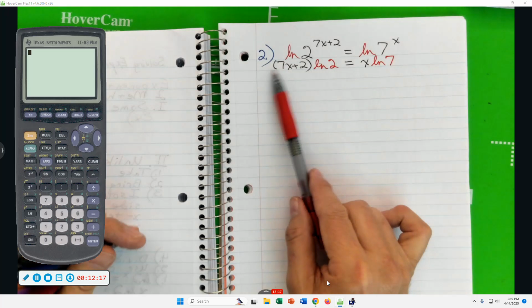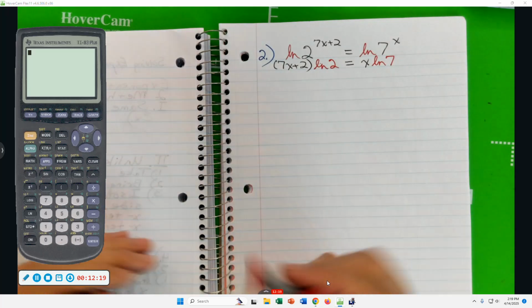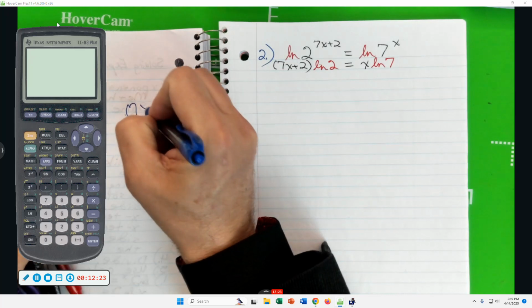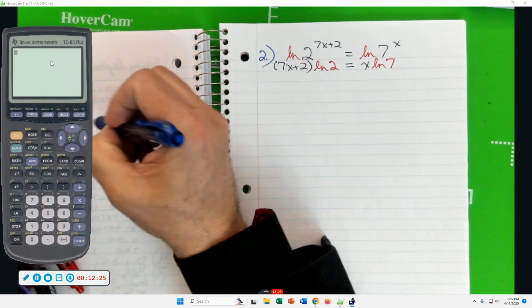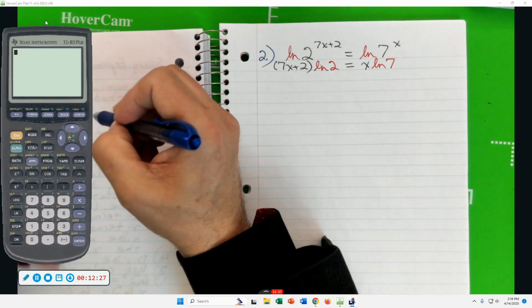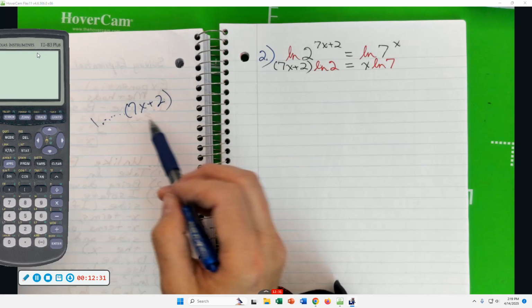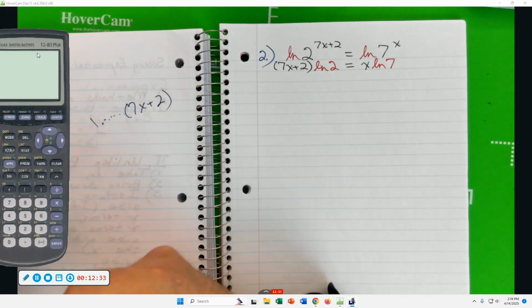You have a binomial times a number. 7x plus 2 times ln2 would be maybe a 1 point blah blah blah, but it's a number times 7x plus 2. What do we do to get rid of the parentheses there?